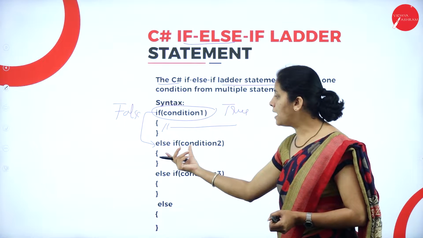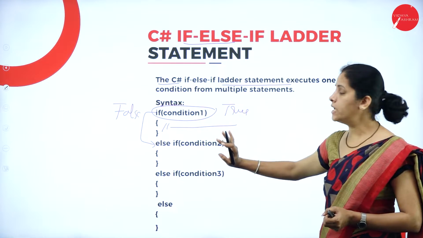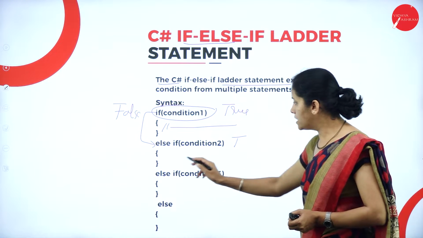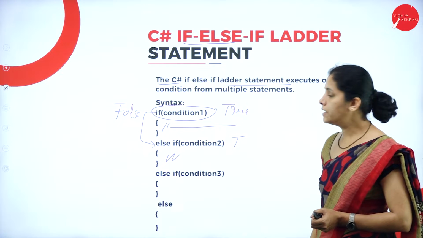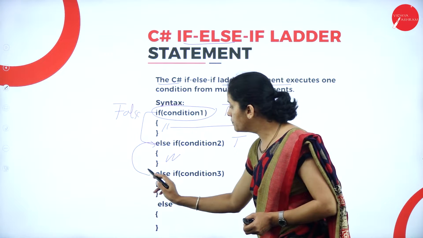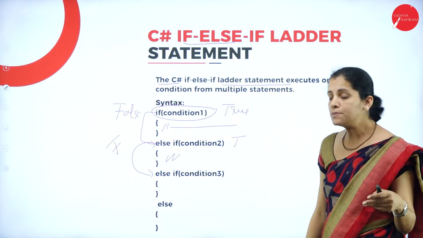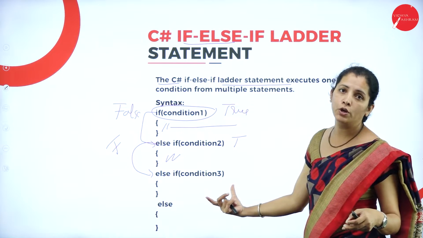If this condition is true, execute this statement, and if this condition is false, go to else part. In my else part, once again I am going to check the condition.